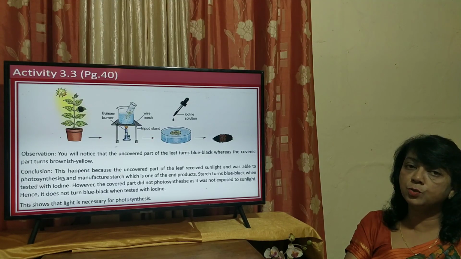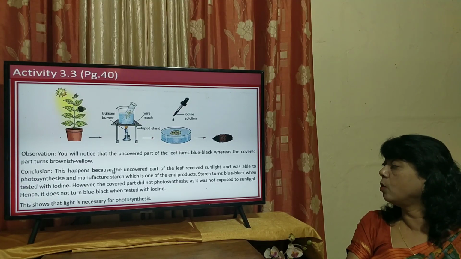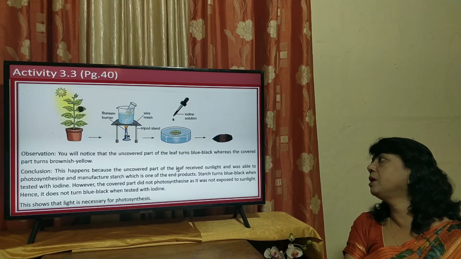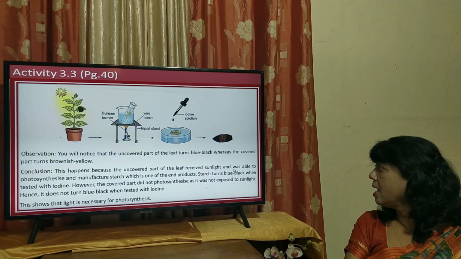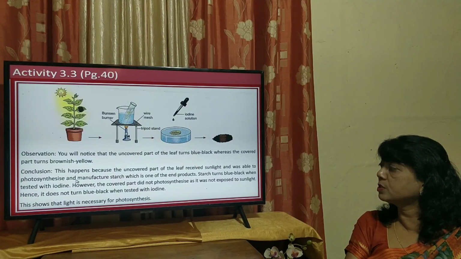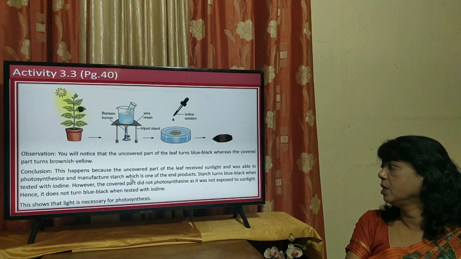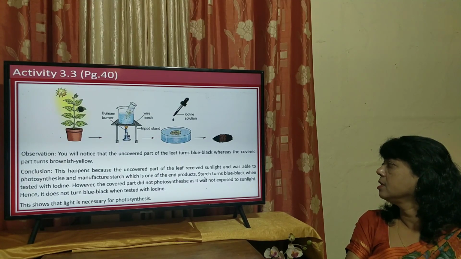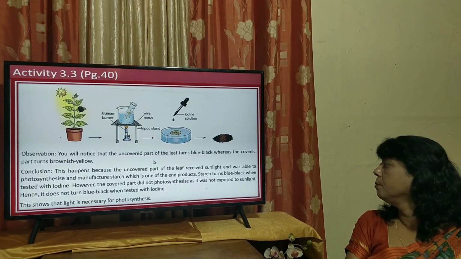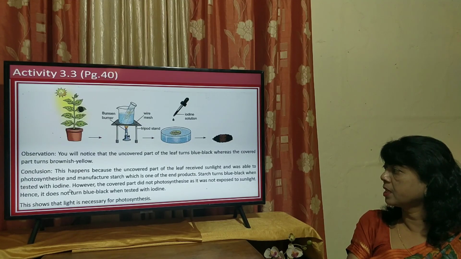What conclusion do we take out from it? This happens because the uncovered part of the leaf received sunlight and was able to photosynthesize and manufacture starch, which is one of the end products. Starch turns blue-black when tested with iodine.